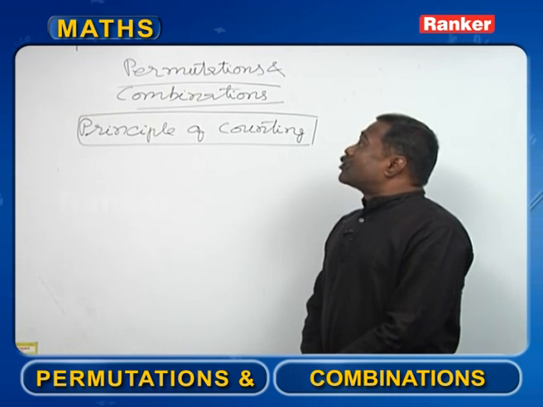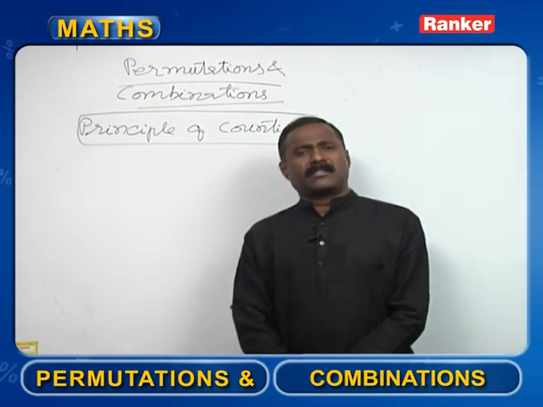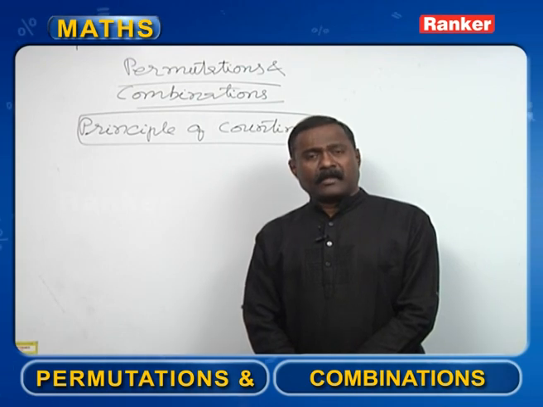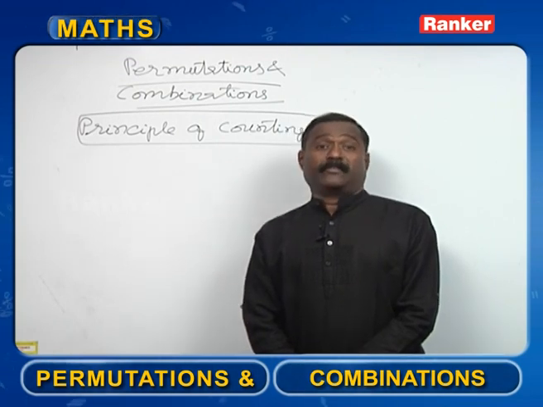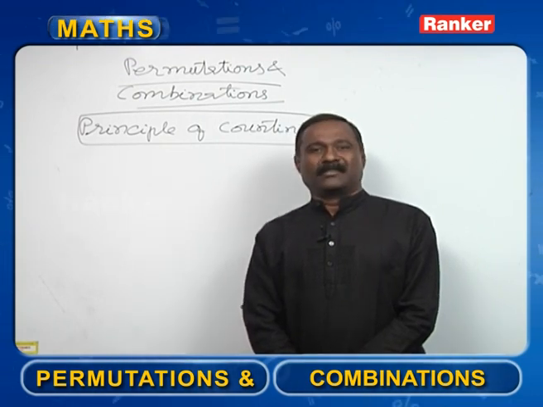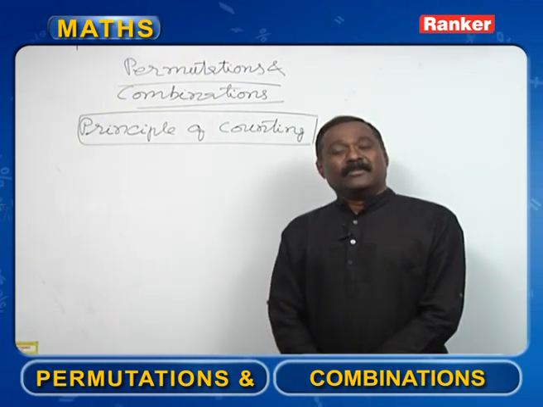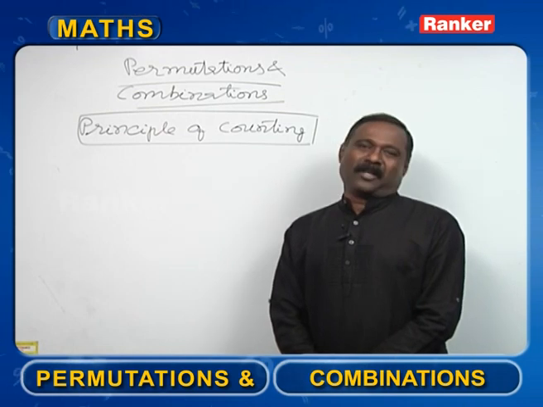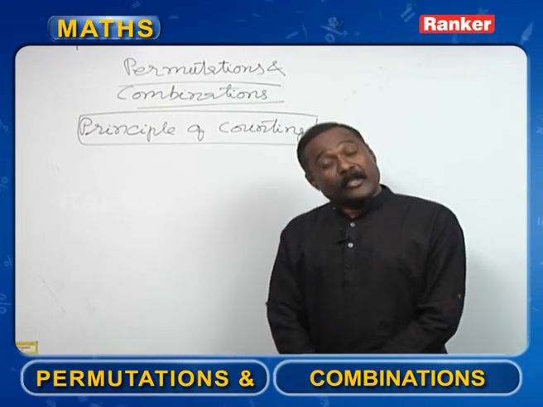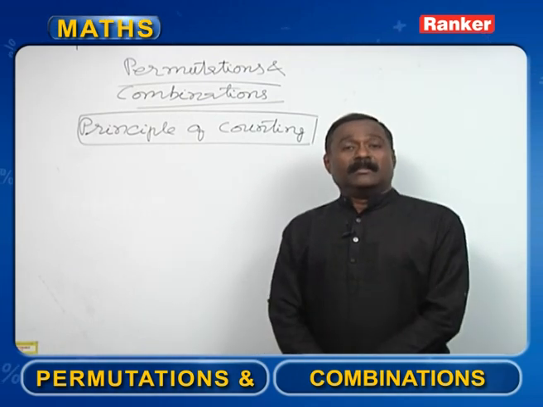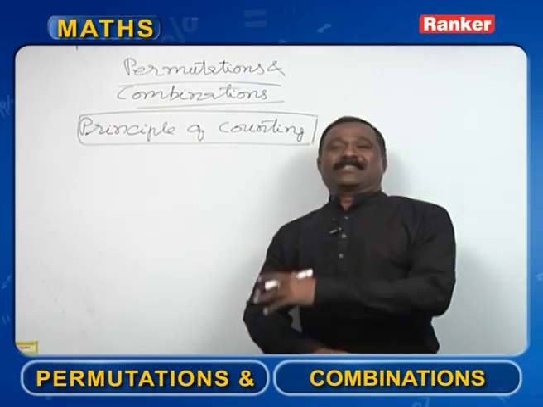Mainly in solving problems of permutations and combinations, and further in probability also, the approach in solving the problem is very, very important. Whenever a problem is given, your approach should always be like this. You will feel the problem is easy when you separate the operations.